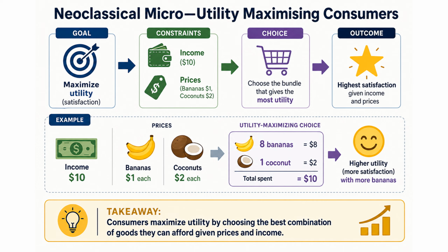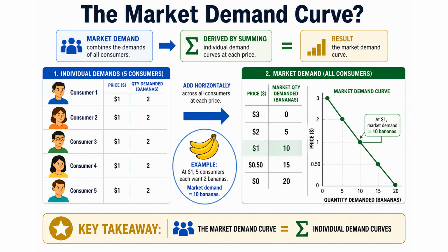Once that is clear, the next step is the market demand curve, because it develops the next piece of the same argument. The market demand curve combines the demands of all consumers in the market. Put more directly, the market demand curve is derived by summing the individual demand curve of all consumers for a particular good at various prices.